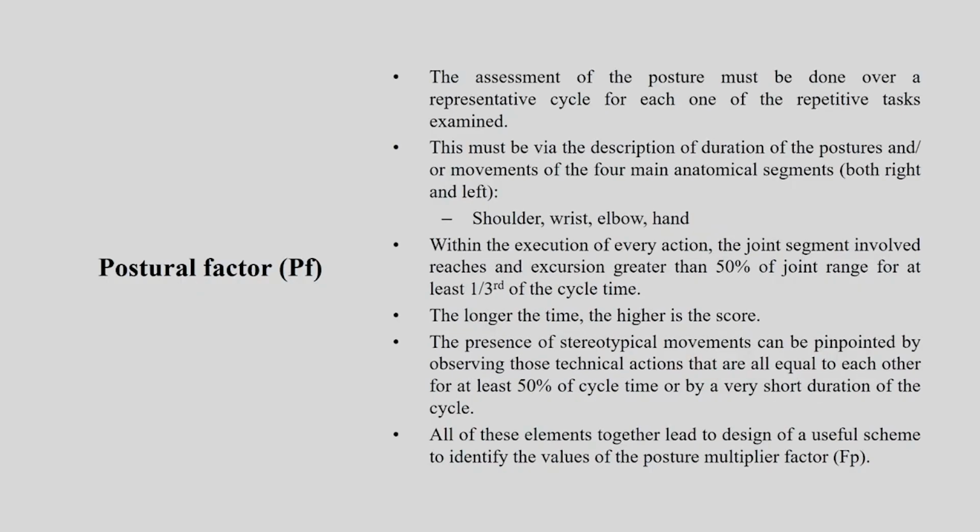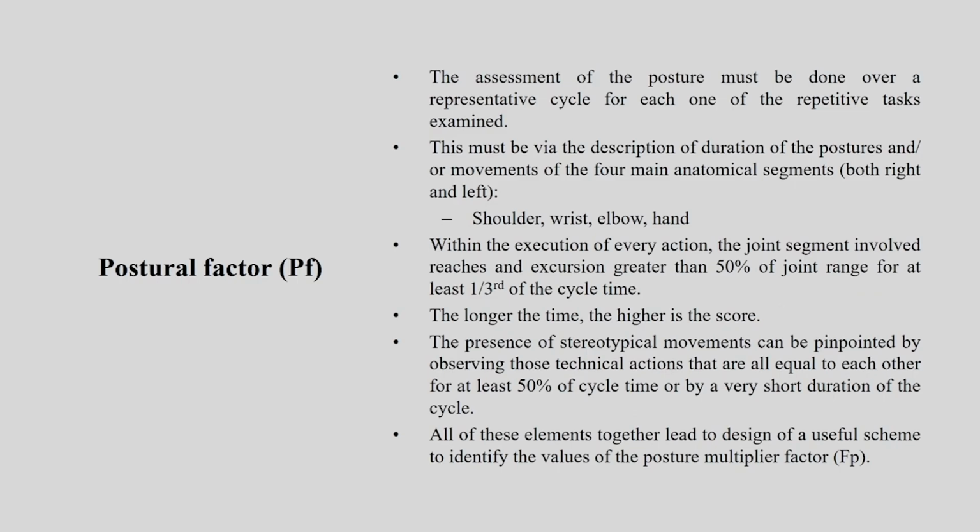The next is the postural factor. What is it? The assessment of posture must be done over a representative cycle. Of course, every measurement that we are doing is for the representative cycle, for each one of the repetitive tasks being examined.